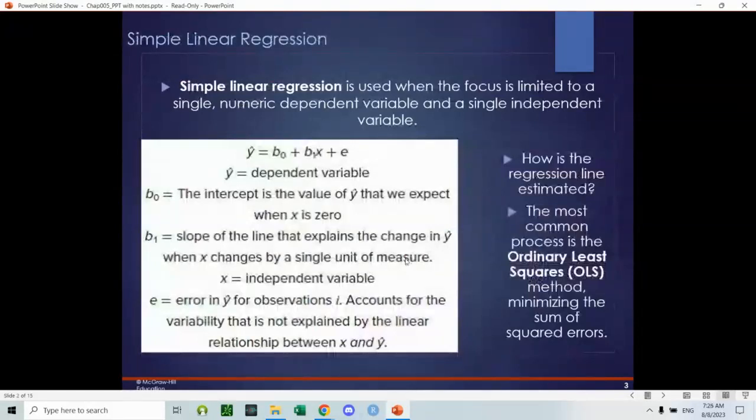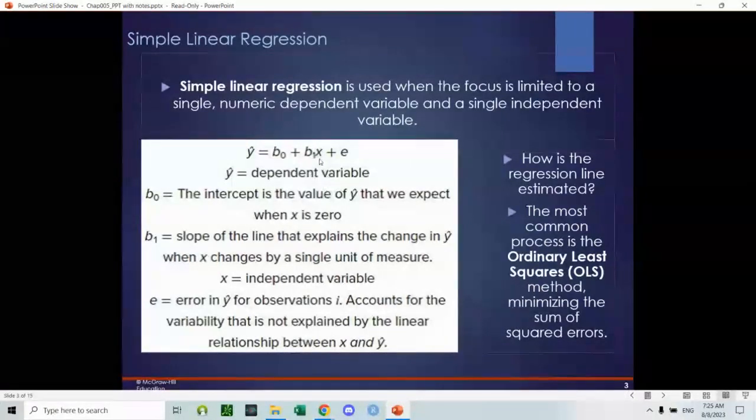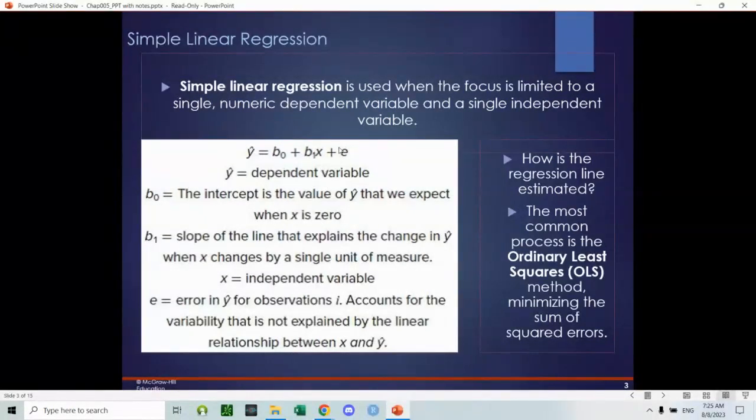So like I said, we have our basic slope-intercept form, y equals mx plus b. And then this is the error term. We don't generally include that in lower level math, but the error term is something we're always trying to minimize in analytics. But you'll see this notation is much more common at higher levels of mathematical learning.